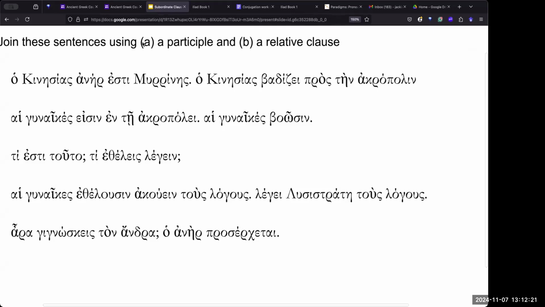Okay, all right. So, hai gunaikes en te Acropolei. Hai gunaikes boosin. So the women are in the Acropolis. The women are shouting.